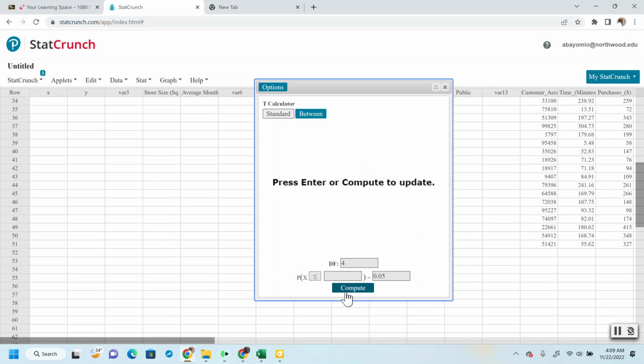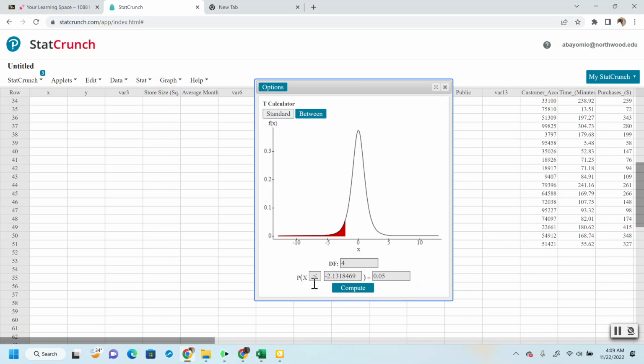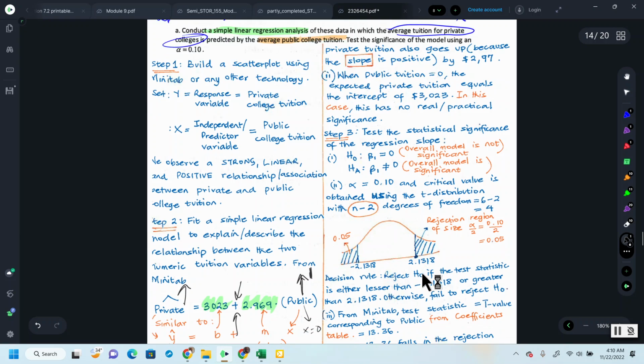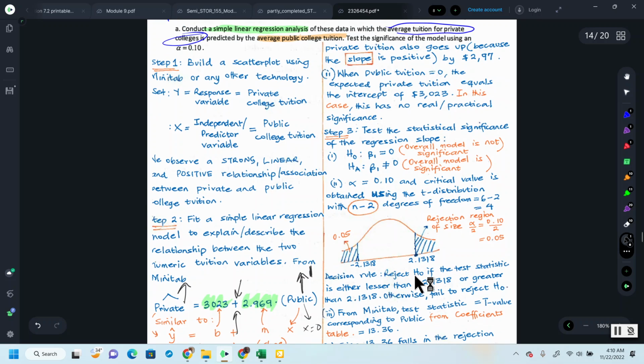And I'm going to click on compute. If I choose the less than, it shows me the cutoff for the lower tail, which is negative 2.1318. So let's go back here. You also have that positive value here. So with that said, we have the cutoff value, the critical value, here.